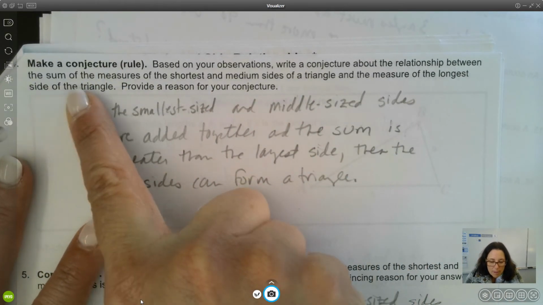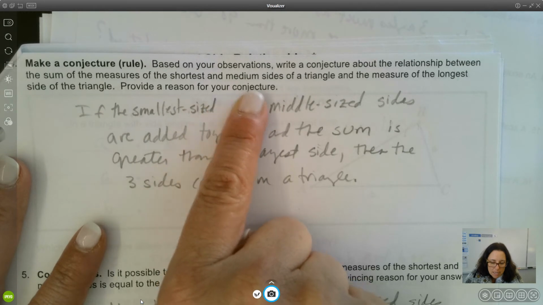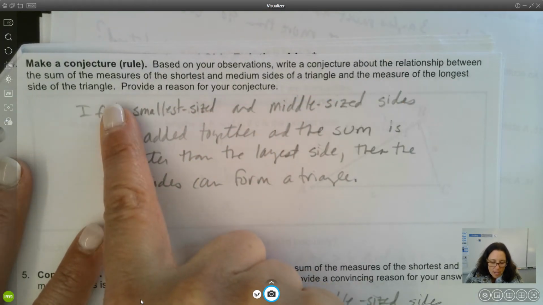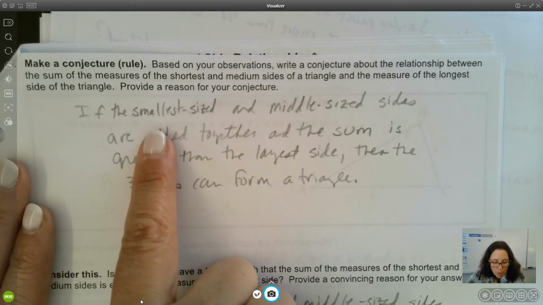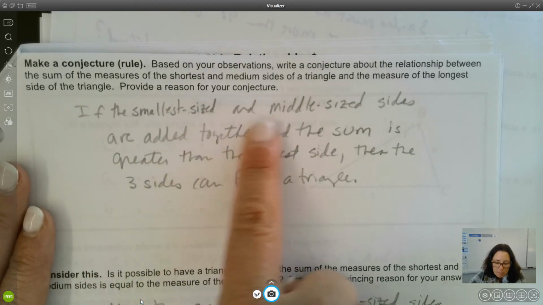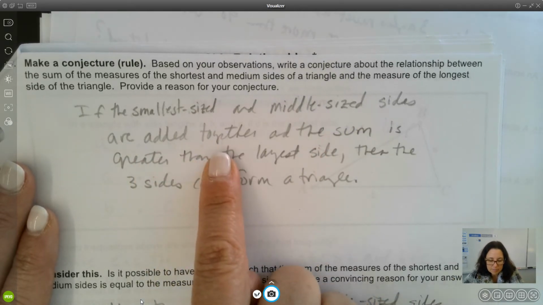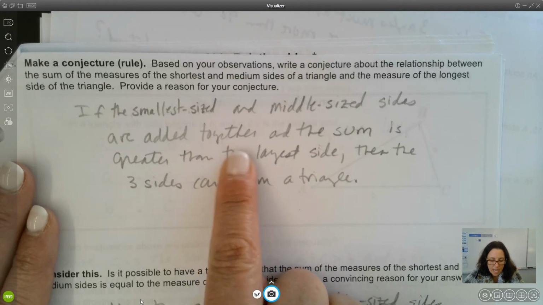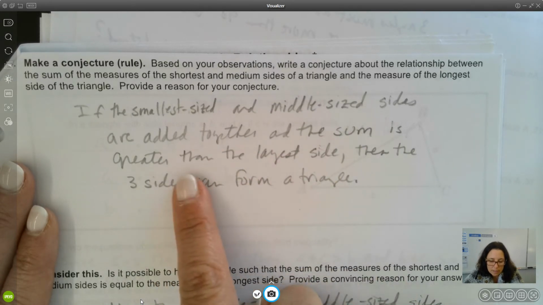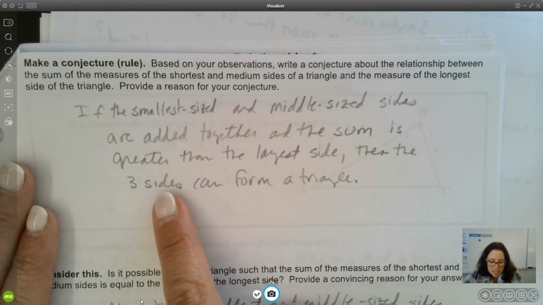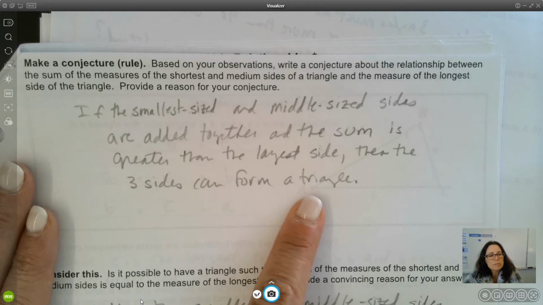The sum of the shortest and the medium sides of a triangle compared to the longest side: if the smallest sized and middle sized sides are added together and the sum is greater than the largest side, then the three sides can form a triangle.